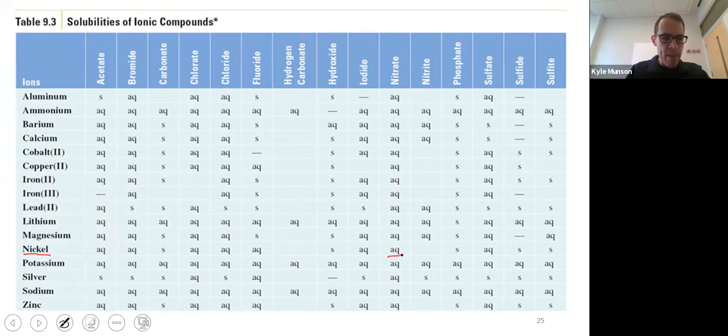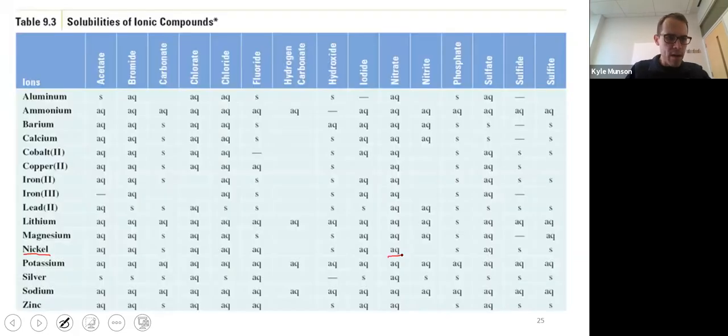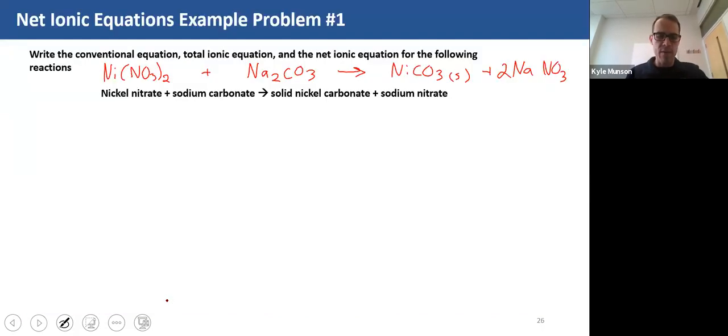Okay. And then sodium nitrate, right, is our other compound over there. So you look, sodium is down here. It's aqueous as well. And then sodium carbonate, sodium is here, carbonate is here. It is also aqueous. So everything here is aqueous. Aqueous, aqueous, okay?